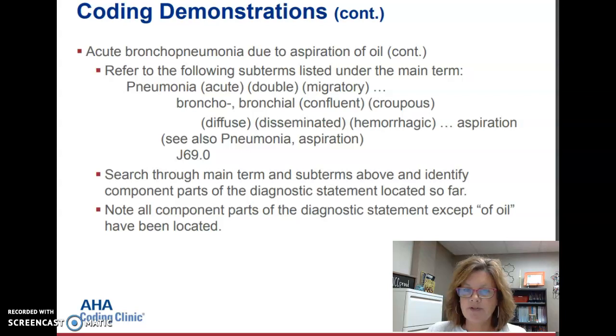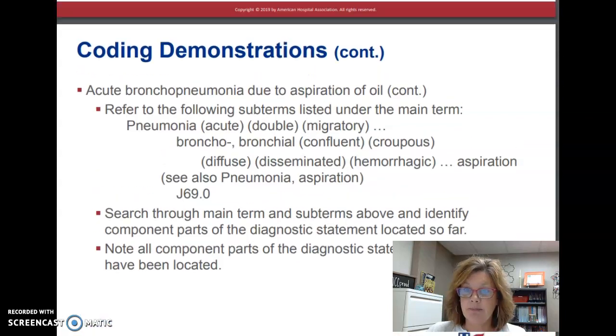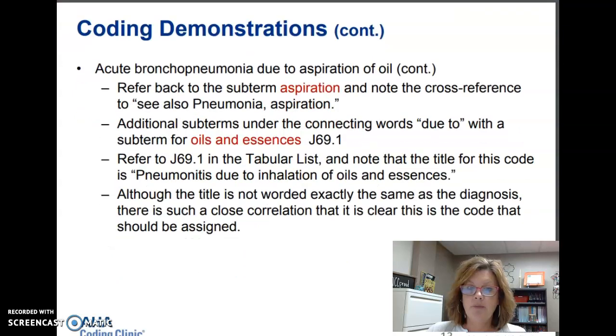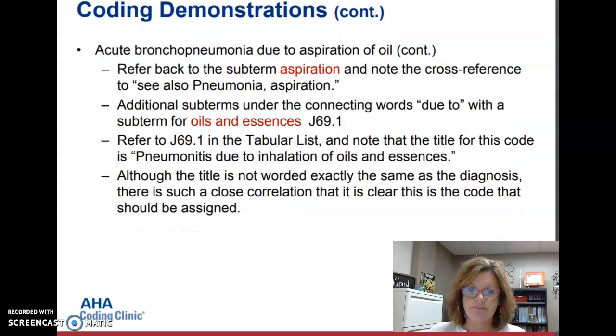Note all component parts of the diagnostic statement except oil have been located. So I'm going to go back to the subterm aspiration. Then when I look at due to, I'm going to see oils, which would be J69.1. Look back then in your tabular list, check that out, and make sure everything's covered.